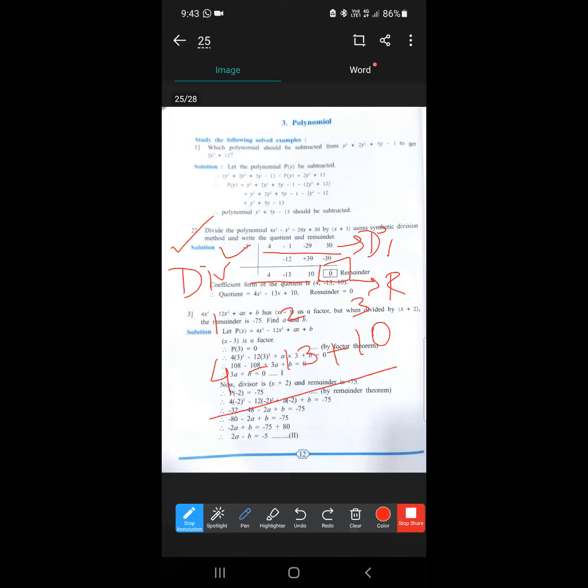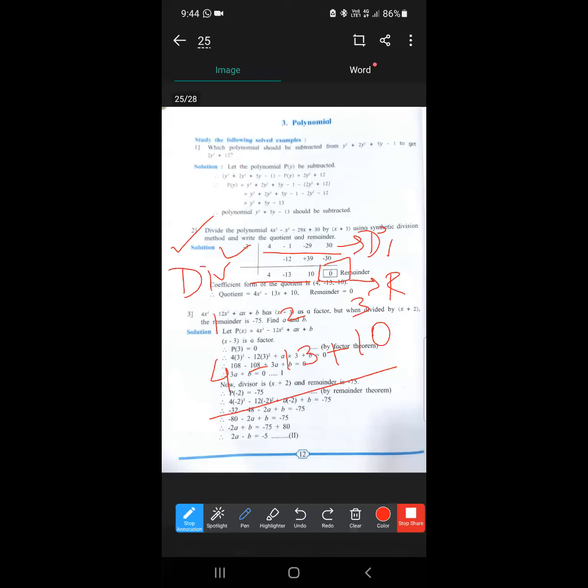Now see, students, what you have to do here: how many terms are there? 1, 2, 3. 3 terms are there, so every time you need to subtract 1. If 4 terms are there, minus 1. If 5 terms are there, minus 1. In mathematical language, these are called terms, so whatever the number of terms, subtract 1.